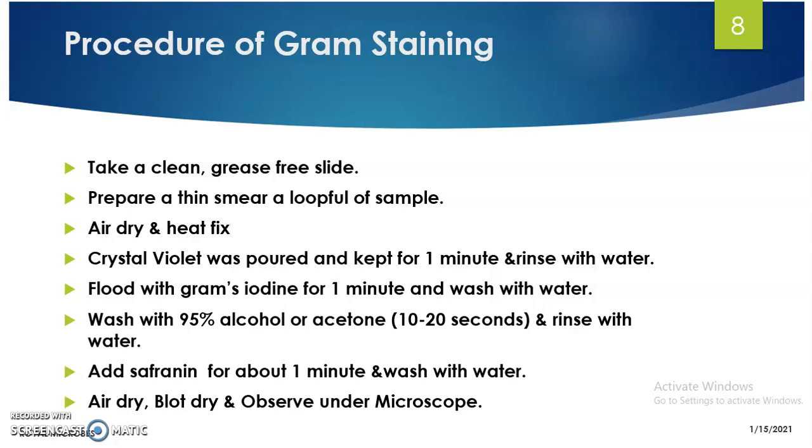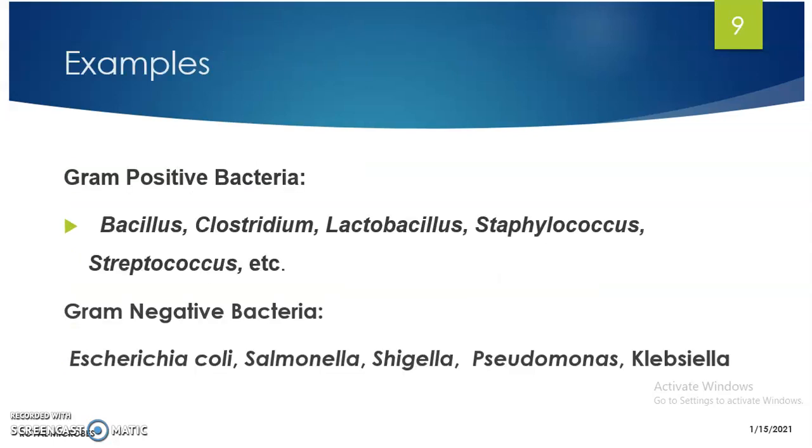After that we have to wash it with 95% alcohol or acetone, that is for 10 to 20 seconds only. Immediately we have to wash it with water. Add safranin for about 1 minute and wash with water. Air dry, blot dry and observe under the microscope, that is under low power and high power objectives.